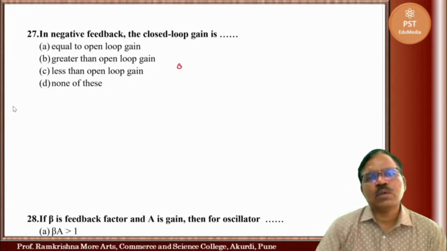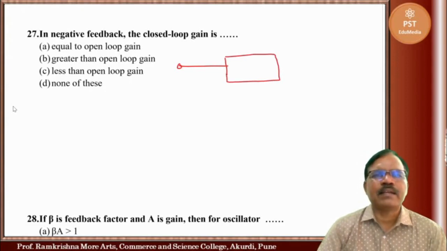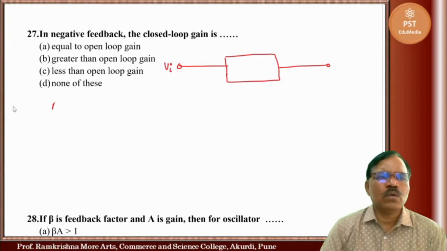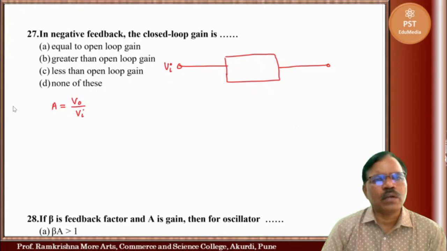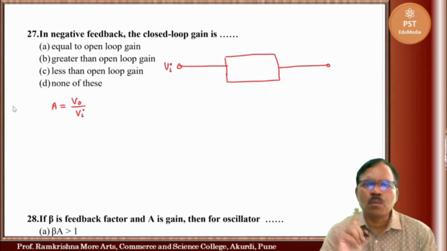Suppose we take an amplifier, and suppose this is input and here we get output. Now open loop gain A means output voltage upon input voltage when there is no feedback.